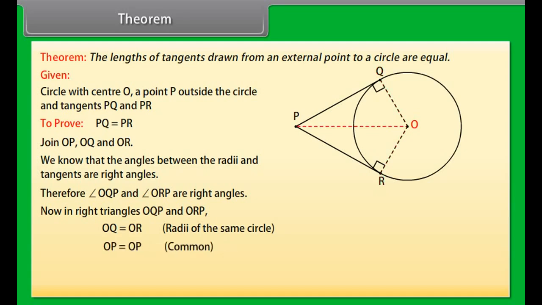OP is equal to OP, common. Therefore, by the RHS congruence rule, triangle OQP is congruent to triangle ORP. This gives PQ is equal to PR because corresponding parts of congruent triangles are always congruent.